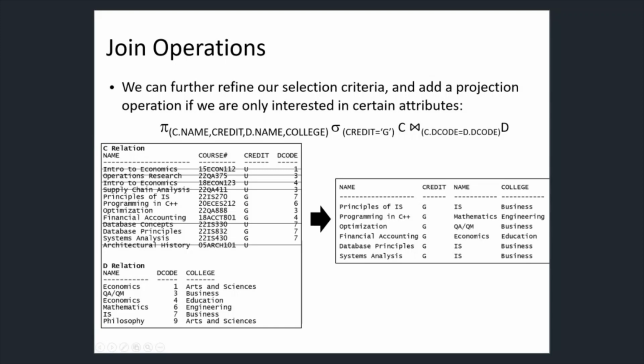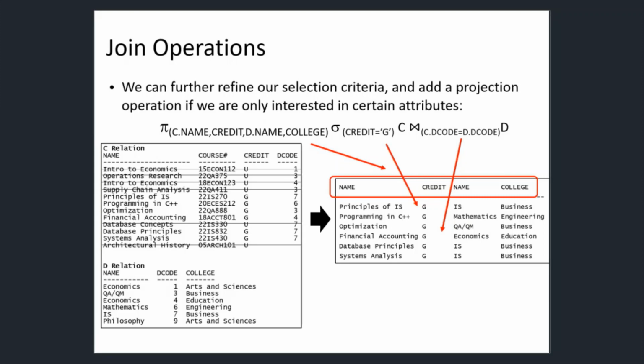This third relation is the result of our join operation with a selection and projection. It has 6 rows and 4 columns. Those 4 columns correspond to the requirements we placed in our projection operation, and notice that credit is all G, because those are the rows that meet our selection condition.